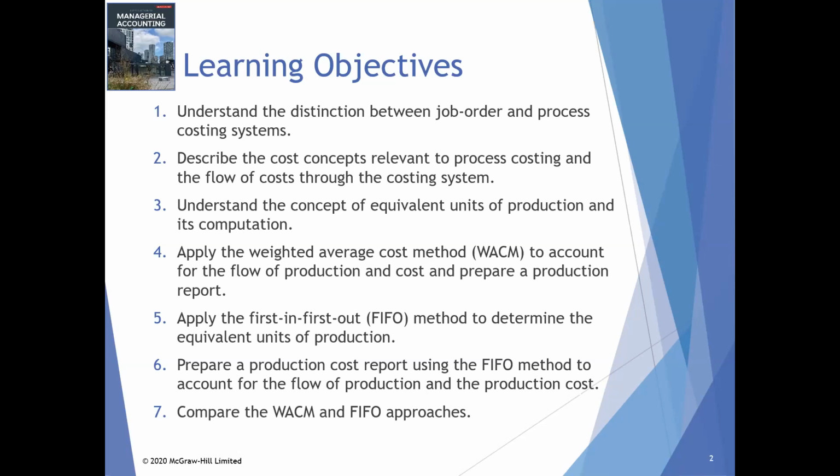Apply the weighted average method to account for the flow of production and cost, and prepare a production report. Apply the FIFO method to determine the equivalent units of production. Prepare a production cost report using the FIFO method to account for the flow of production and production cost. And compare both methods, the weighted average and the FIFO approaches.